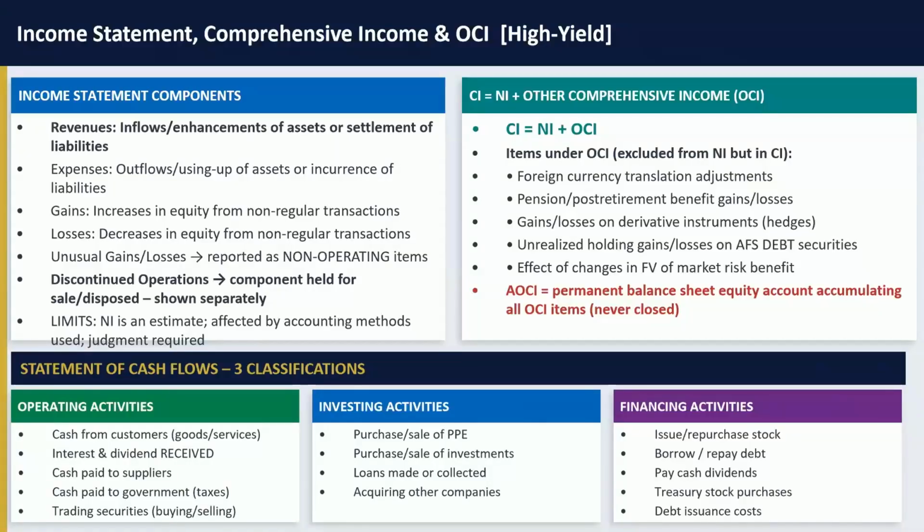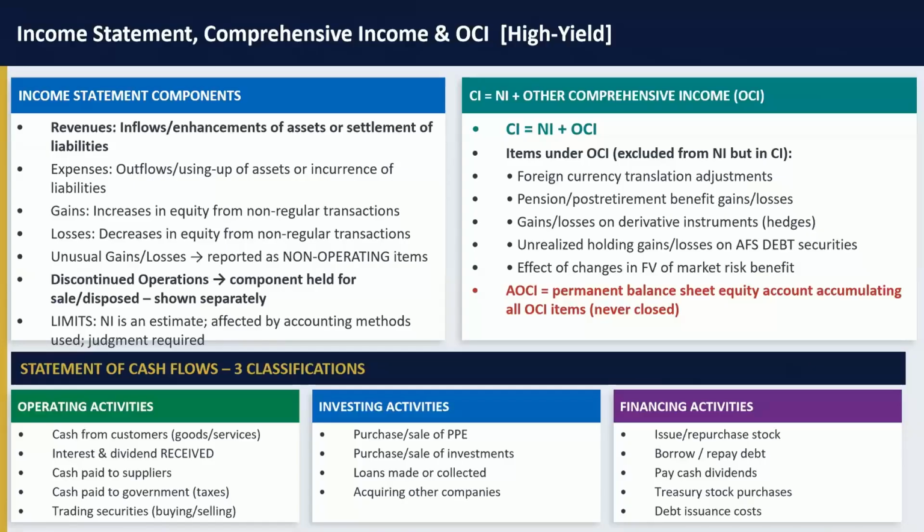And again, if you revalue your assets, if you find any gains or losses in this revaluation, you will be entering that in other comprehensive income. And one more important thing, if you find an entry of gains or losses on trading securities, even though it is unrealized gains or losses or realized gains or losses, both the entries will go into the income statement, not into other comprehensive income.